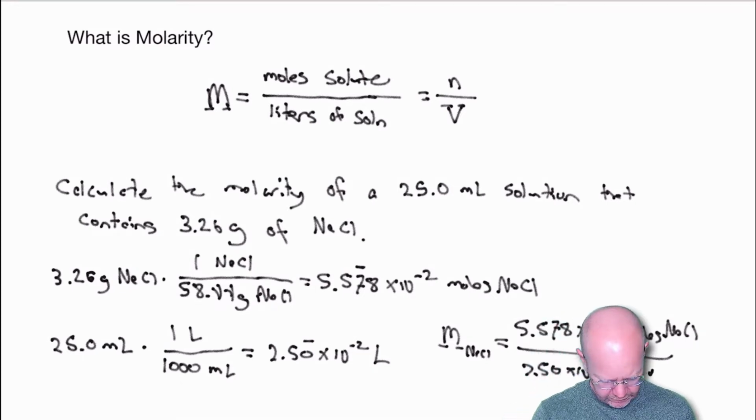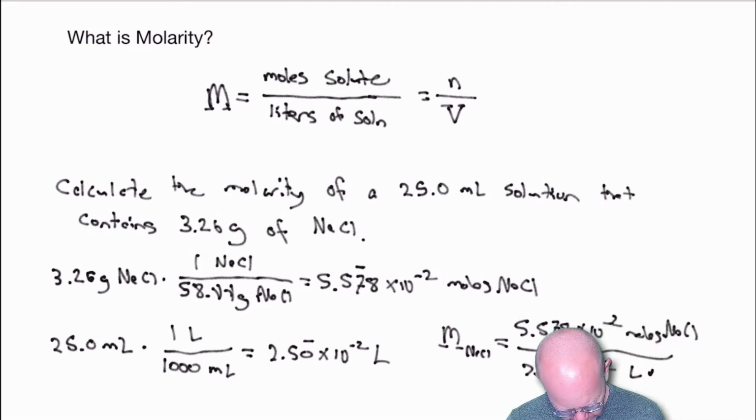Let's do that math. 5.578 times 10 to the minus 2 divided by 2.50 times 10 to the minus 2. The molarity that I get from that calculation is 2.231. We have 3 sig figs, so that's going to be our last significant digit, moles per liter.